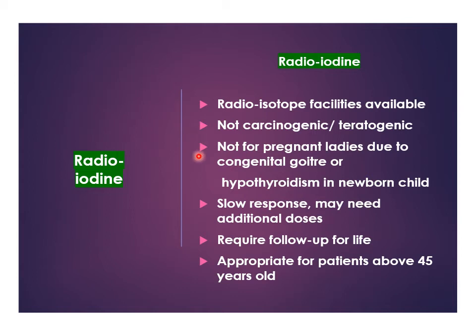Not for pregnant ladies, due to the possibility of congenital goiter, or hyperthyroidism developing in the newborn child. Radioiodine is usually a slow response, and may need additional doses before you see the desired effect. It is required to follow up for life and is appropriate for patients above 45 years of age.